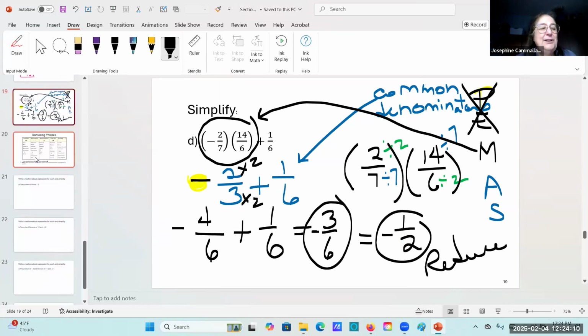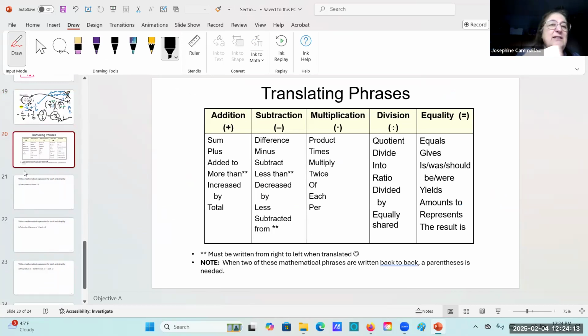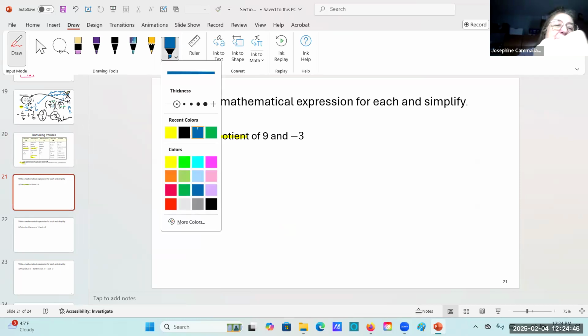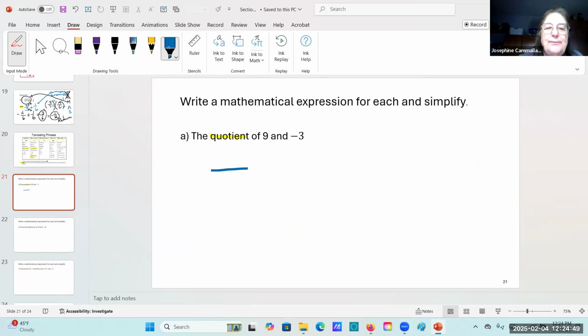Now, we're back to the translation sheet. Okay. I'm highlighting these 3 because you got to be careful with those. Because here we go. And these are going to bring the 2 operations back to back in a couple of the problems we have. Okay, right here. The quotient. Okay, quotient means fraction.